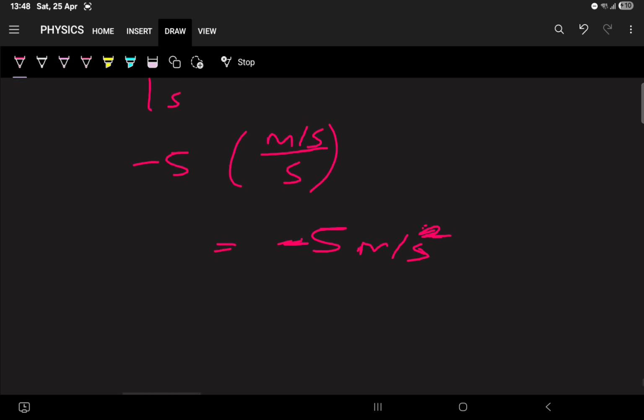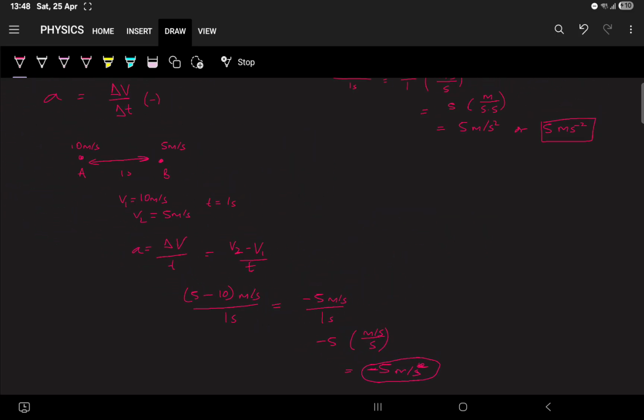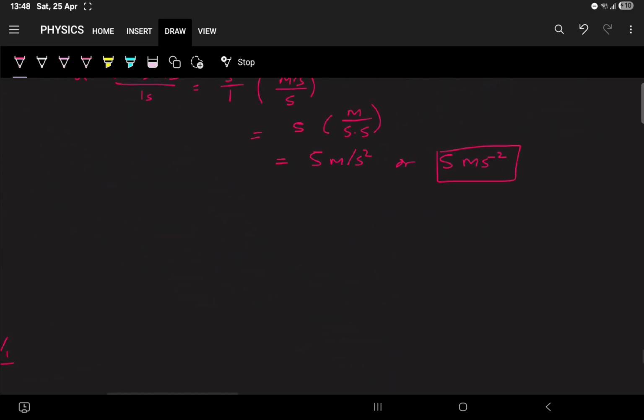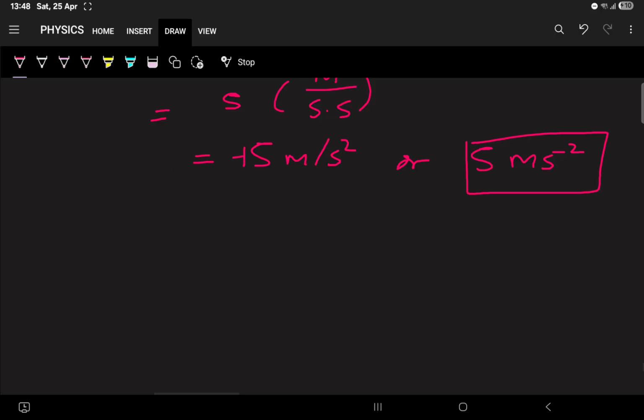Now anytime you see a negative value, even though the unit is meter per second squared, the negative indicates that it's deceleration going on there, while positive shows it's an acceleration.